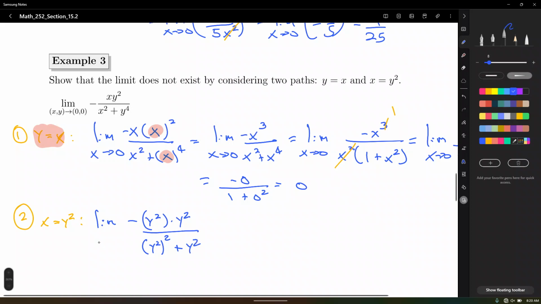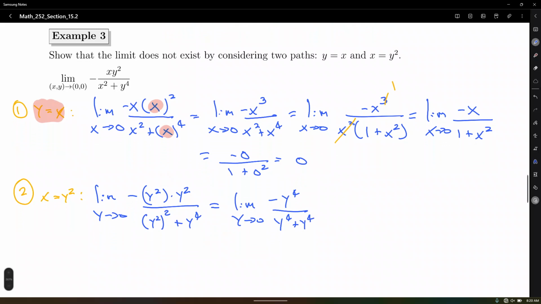As y in this case approaches 0, that'll be negative y. Oh, limit first. Which one? The second one. Oh yeah, the second one, right? Yeah, y to the fourth, and that's negative y to the fourth over y to the fourth plus y to the fourth, as y approaches 0.